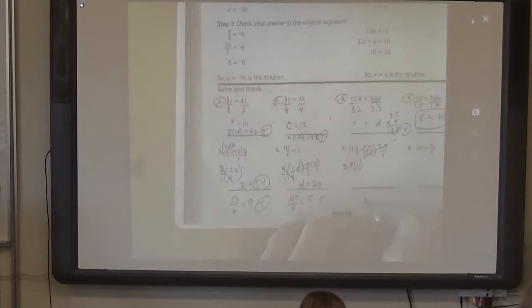Now, 2.4 times 11. 4, 2, 2, 4. So that is 2, 4. And there's 1 decimal point. So what does n equal? 26.4.